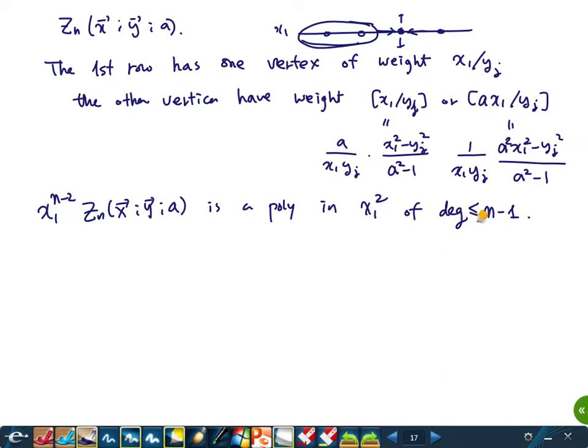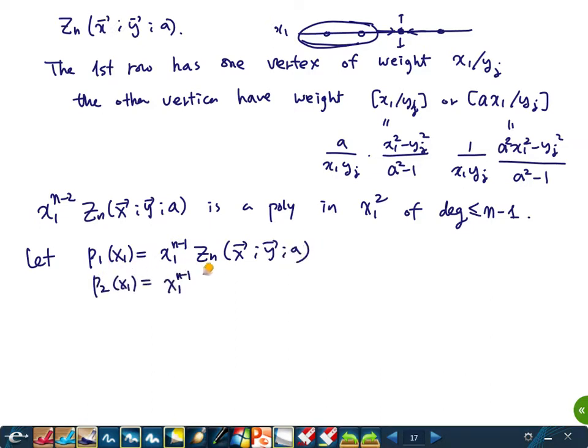All right, so now what? Let's say P1 of x1 equals x1 to the n minus 1 times z n, and P2 of x1 is f. Our goal is to prove that z equals f by induction.